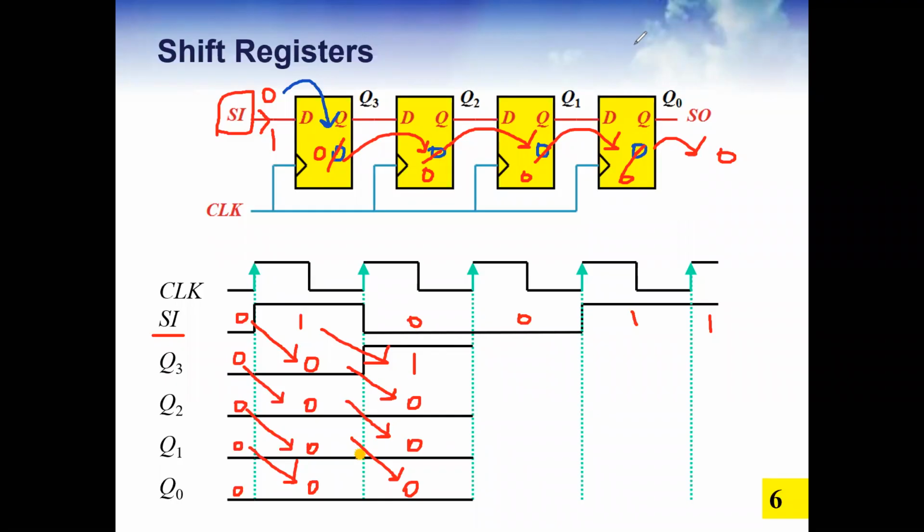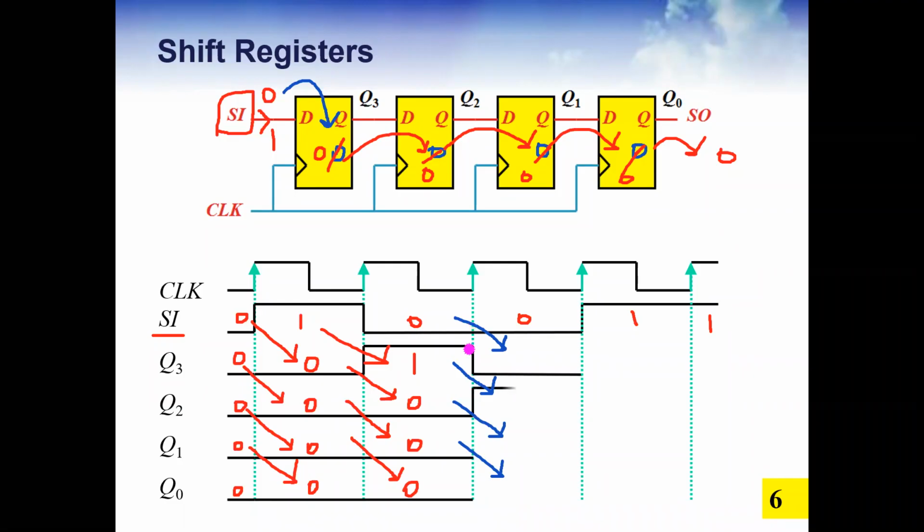The new serial input will go here and Q3 value will update the Q2, Q2 will update the Q1, Q1 will update the Q0 like that. So next clock will be like that. See, so this will be 1, this will be 0, this will be 0 like that. So with every clock, the data is shifting like that. Okay, are you getting this point, girls?